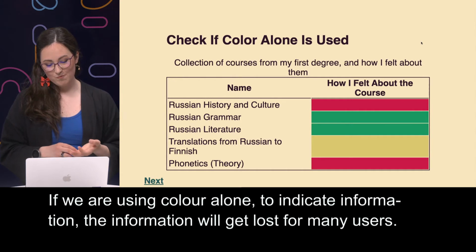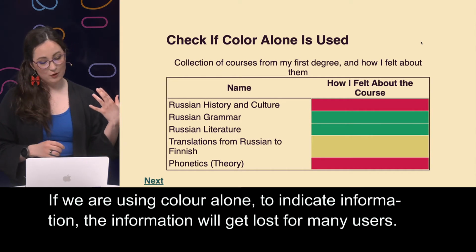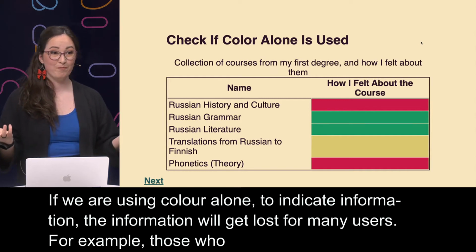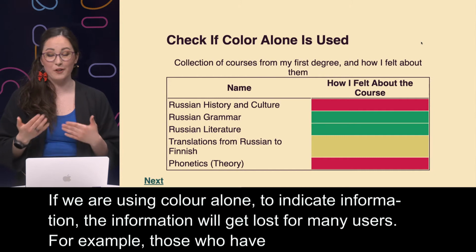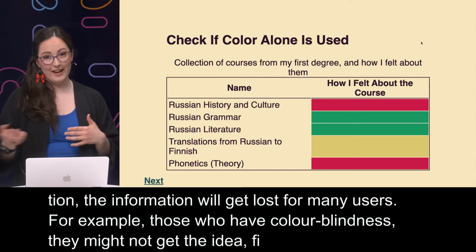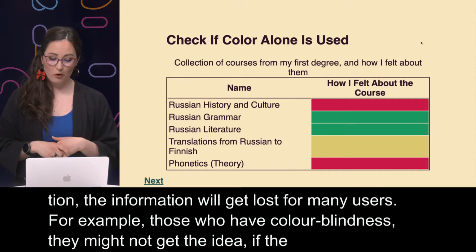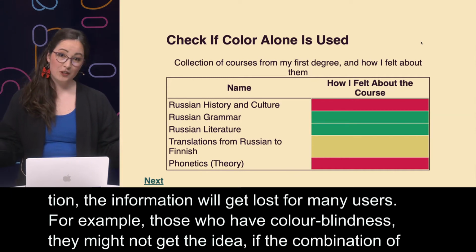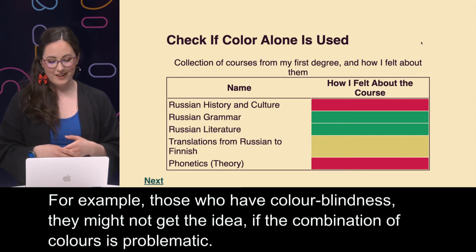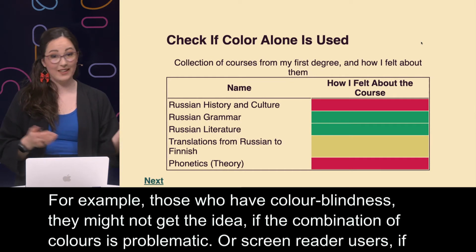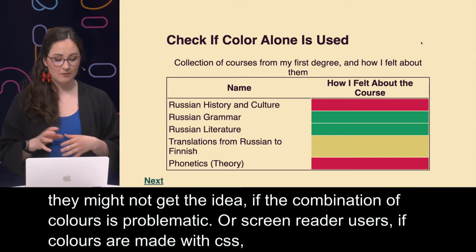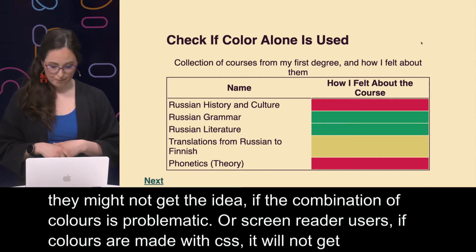So, for example, those who have some sort of color blindness, it's possible that they don't really get the idea if the color combination is problematic for their type of color blindness. Or screen reader users, well, if the color is only made with, for example, CSS, they don't ever get it, because screen readers don't really communicate the styles of the page, meaning CSS.